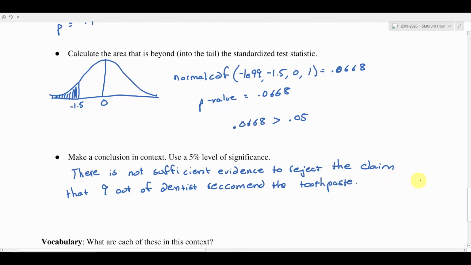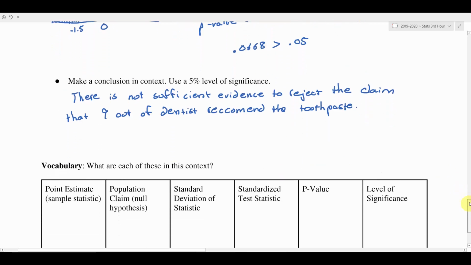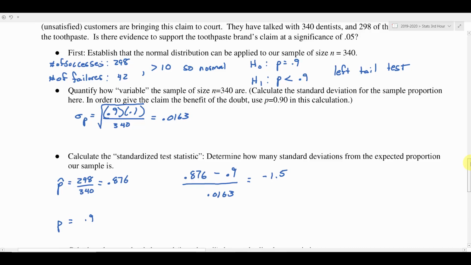Okay, so there you have it. That's another full run through of a hypothesis test there with all the different steps.